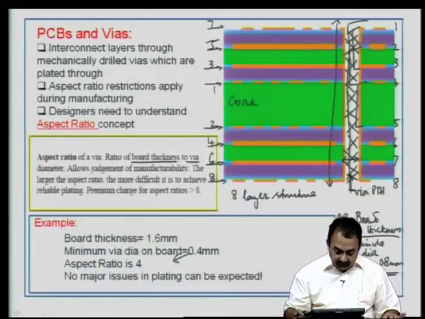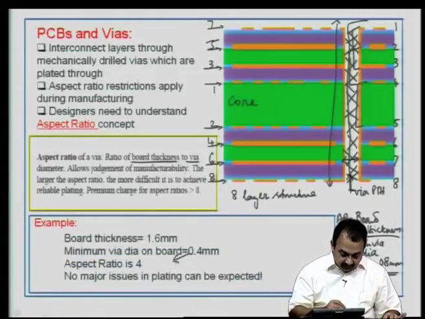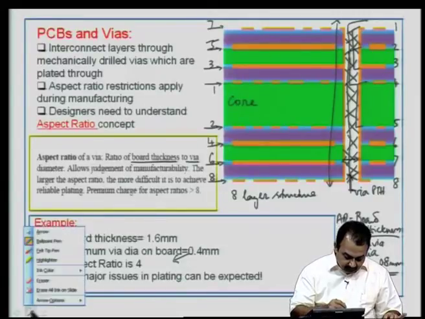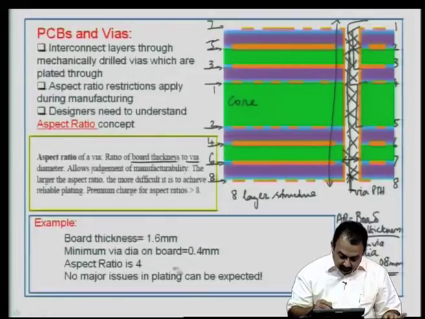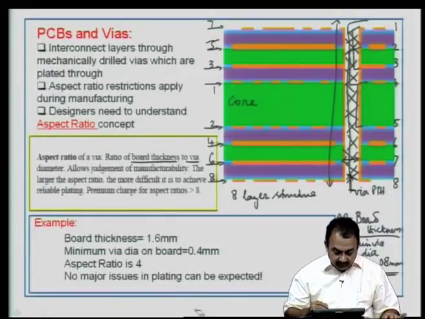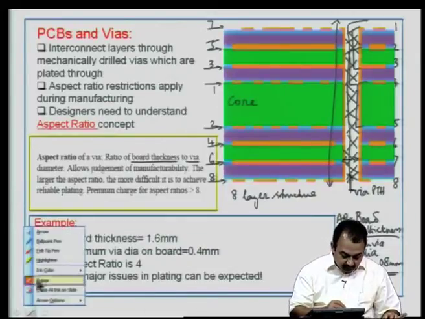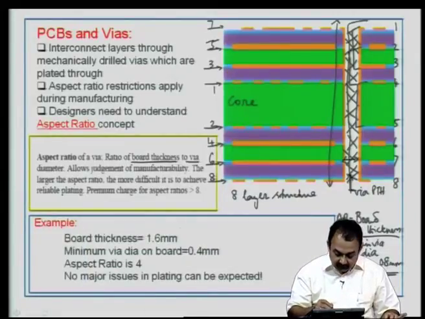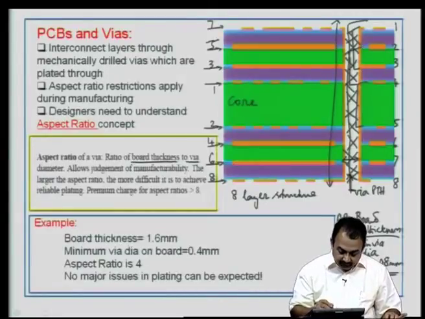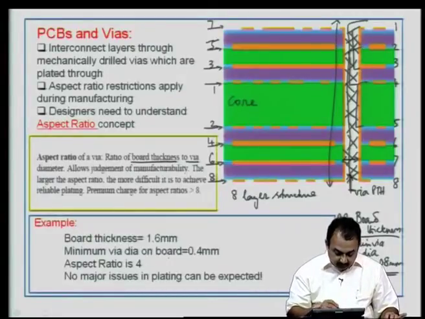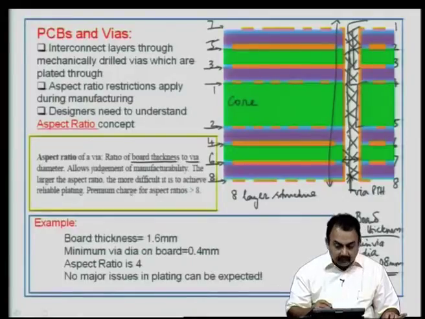Now, if you take a situation where the board thickness is 1.6 mm, the minimum via diameter on the board is 0.4 mm. Here again the aspect ratio will be 4, but note that your board thickness has reduced compared to the earlier one, and your via is the same as in the previous example.